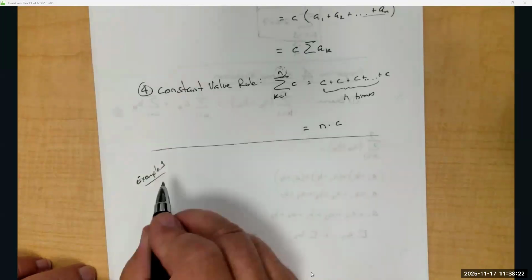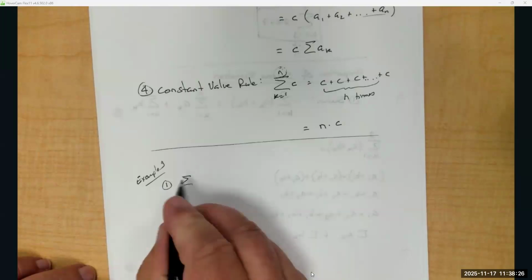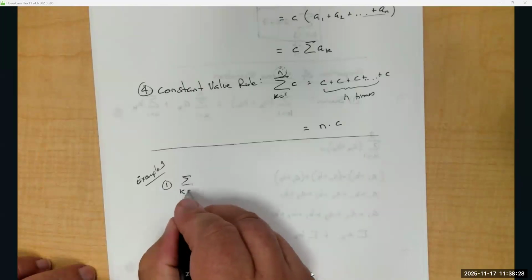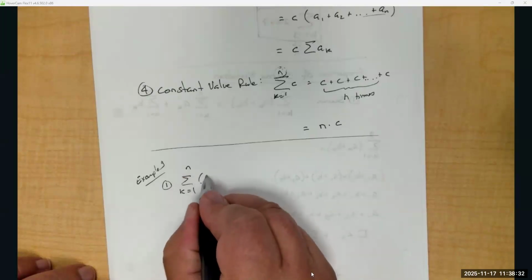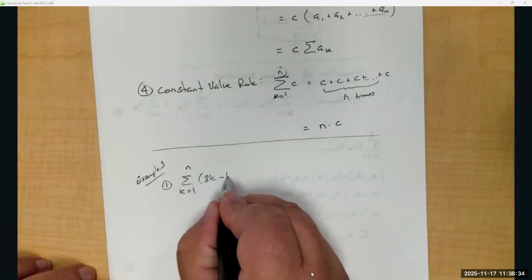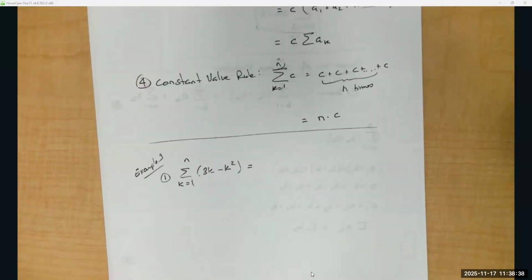Okay, so using these rules, the summation of k equals 1 to n of 3k minus k squared. How would you expand that one?